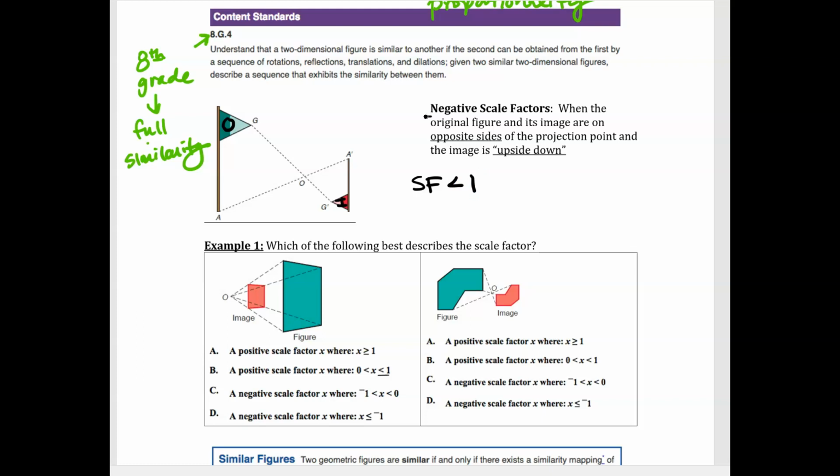Flipping it is caused when we have a negative scale factor. One way that you can think of this is if you look at this projection point, point O here, and imagine for a minute that this was the origin on a coordinate grid, an XY grid. And you looked at this green flag, and let's say this point at the very top of the green flag, let's make some dashes here: 1, 2, 3, 4, 5, 6, 7.